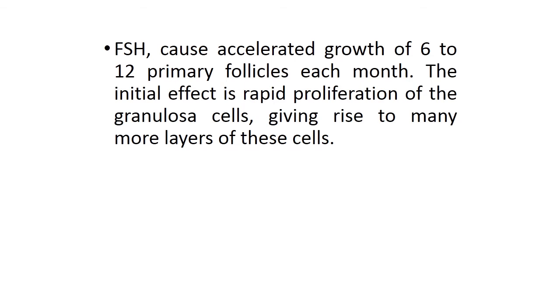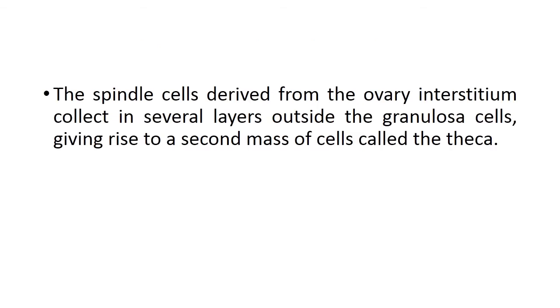And this FSH induces and initiates growth of 6 to 12 primary follicles each month. The proliferation means that numerous layers are formed. Spindle cells derived from the ovary interstitium collect in several layers outside the granulosa cells, giving rise to a second mass of cells which is called the theca.